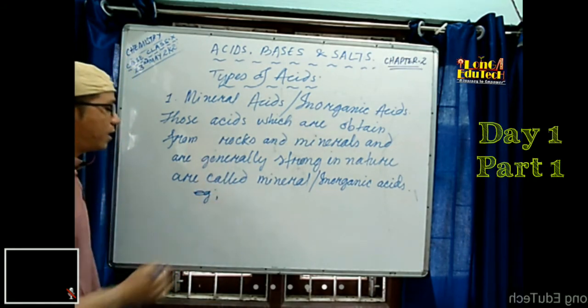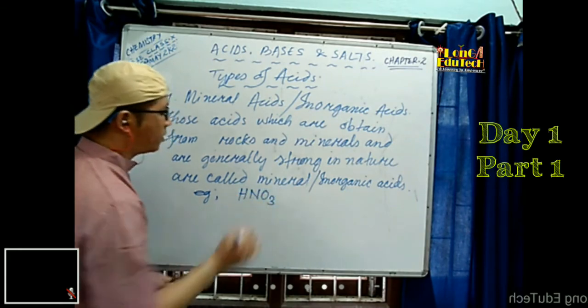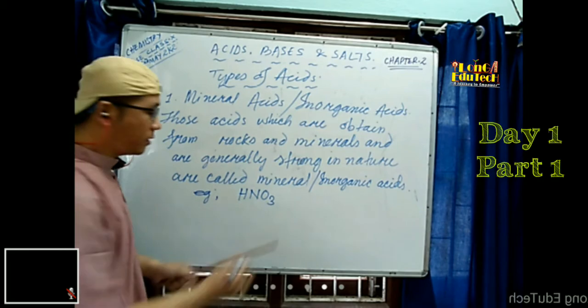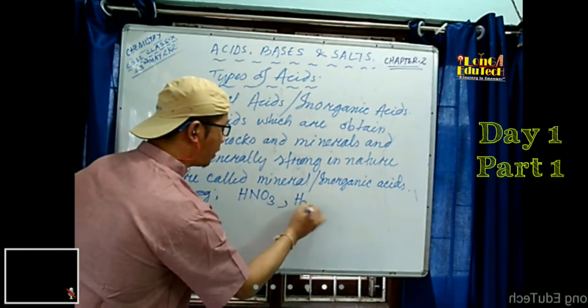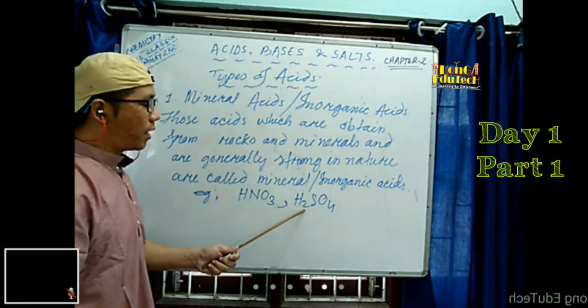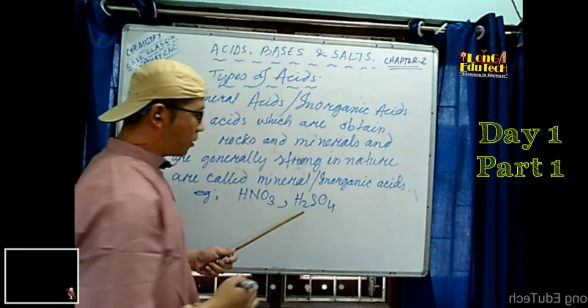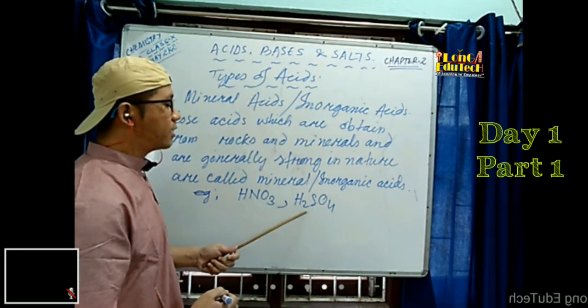Examples of inorganic acids are HNO3, the nitric acid, and H2SO4, the sulfuric acid, which chemically we can call hydrogen sulfate, but generally we know it as sulfuric acid.